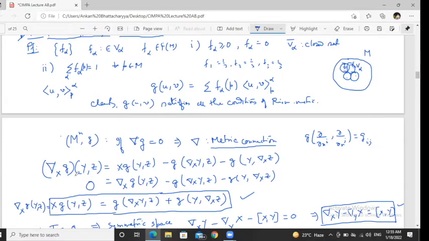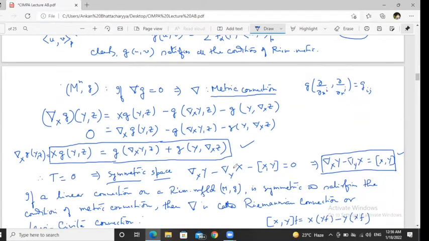By the definition, del_X g(Y,Z) equals X g(Y,Z) minus g(del_X Y, Z) minus g(Y, del_X Z). For a metric connection, del g equals 0, that means the left-hand side equals 0. So we have this relation: X g(Y,Z) equals g(del_X Y, Z) plus g(Y, del_X Z).